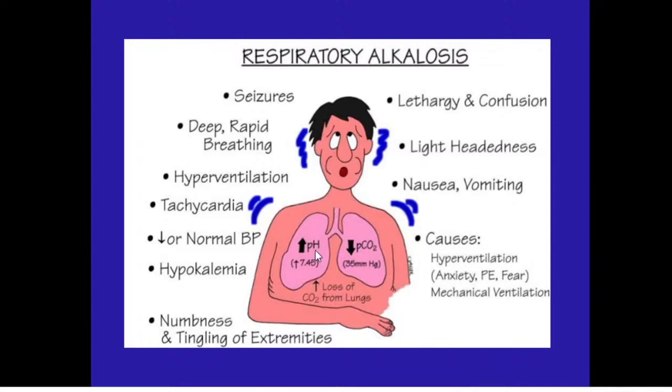It will lead to an increase of pH due to a lower concentration of carbon dioxide, and will be accompanied by seizures, deep rapid breathing, tachycardia, normal or a little bit decreased blood pressure, nausea, vomiting, lethargy, and confusion.